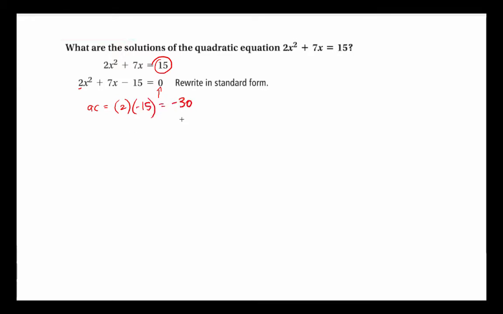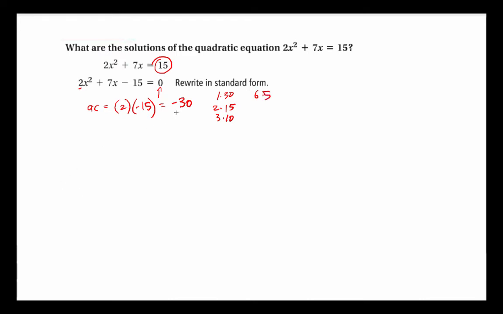We need to find factors that have a product of negative 30 and have a sum of 7. Some numbers that multiply to be 30: 1 times 30 is a possibility. I'm just focusing on the 30. 1 times 30, 2 times 15, 3 times 10, 6 times 5.